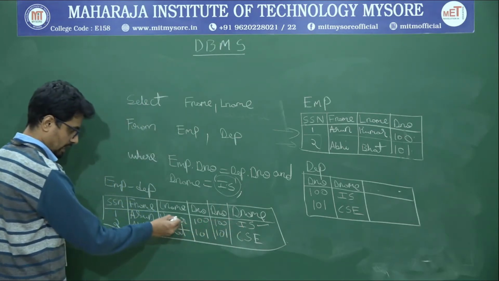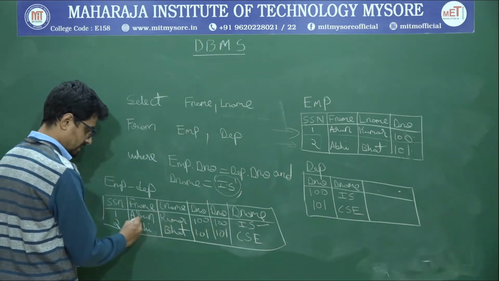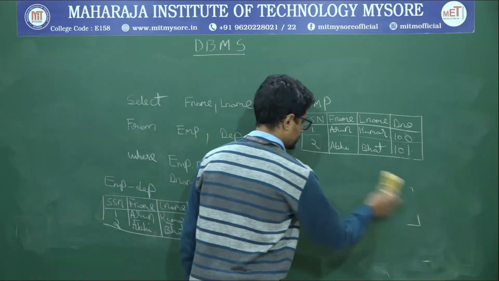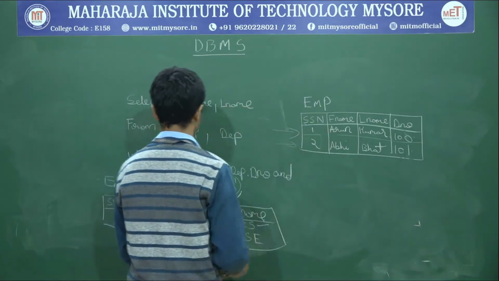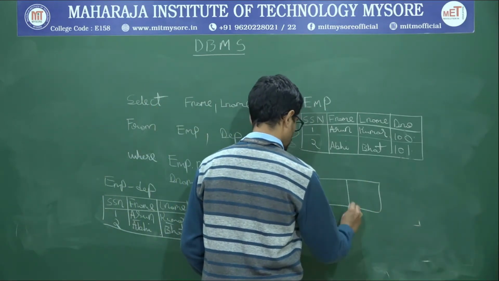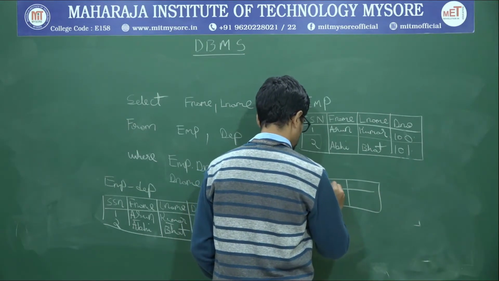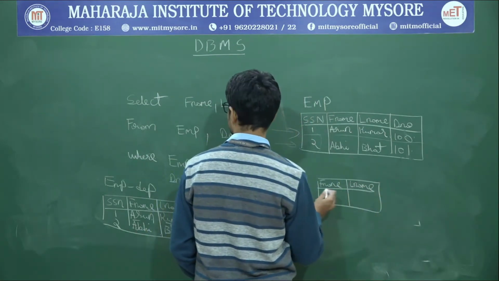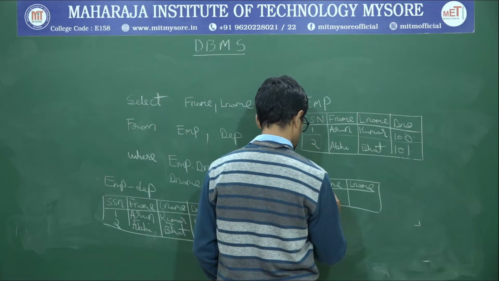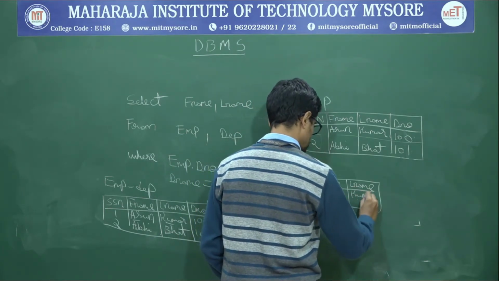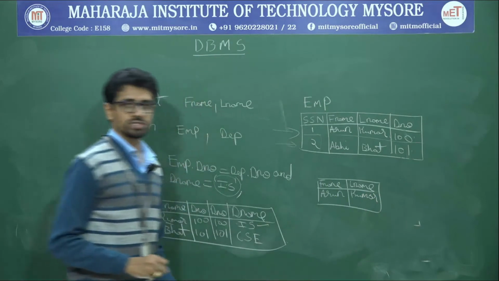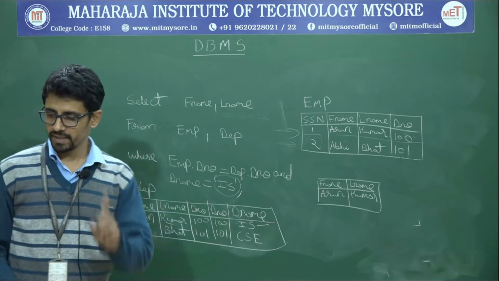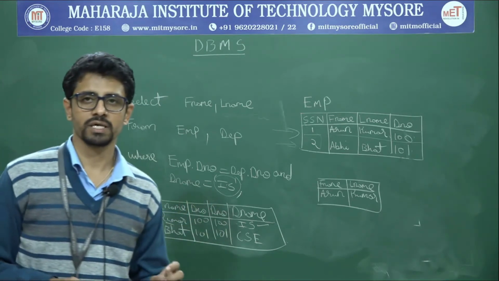So in that particular row, what they are asking for, first name and last name, is Arun and Kumar. So the output you will get at the final is F name, L name, and we will have the F name as Arun and the last name as Kumar. So this is the final output you will be getting after running this query. So I'll repeat again what was the question given in the case.